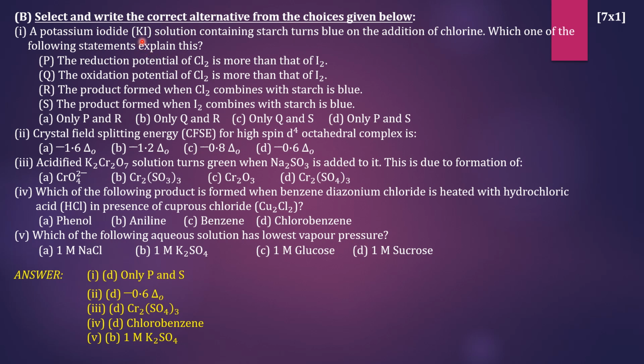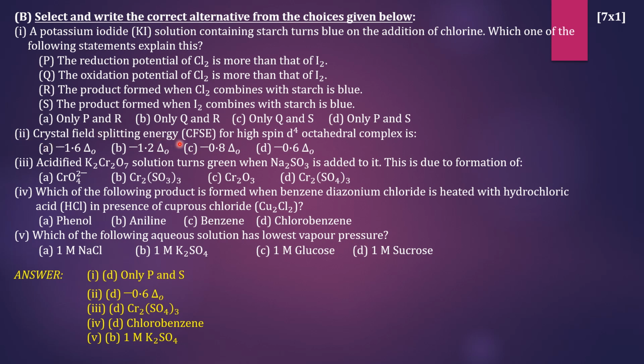So I minus is becoming I2, so that is oxidation, and Cl2 is becoming Cl minus in KCl, so that is the reduction. So that is possible only if the reduction potential of chlorine is greater than iodine. So P is correct, that is the reduction potential of Cl2 is greater than I2. And this blue color is coming because of the complexation between starch and iodine. So the product formed when I2 combines with the starch is blue, that is also correct. So the answer is only P and S.